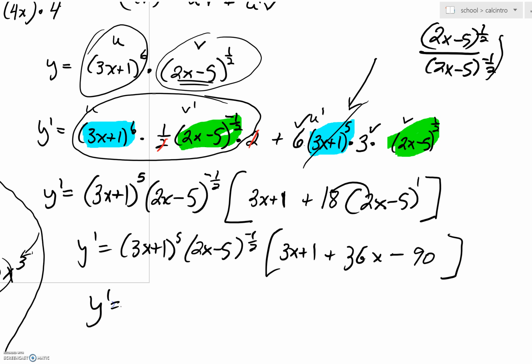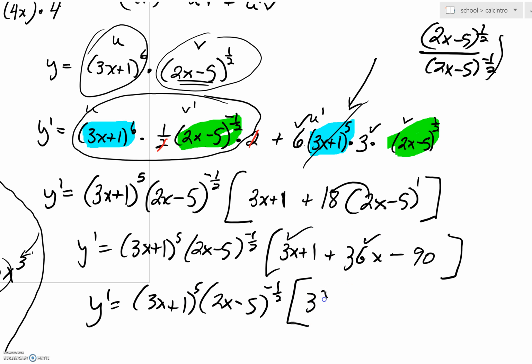And so probably what you're going to see at the answer sheet, as you check your homework tomorrow, is you'll have a 39x, combining like terms, 1 minus 90, you'd get a negative 89. You could leave your answer like this. This is great. This is fine.